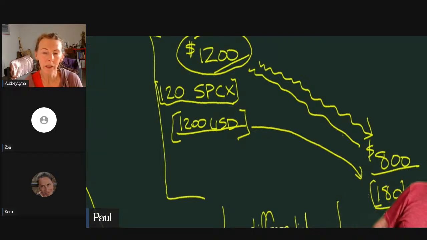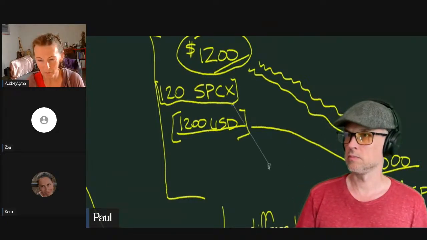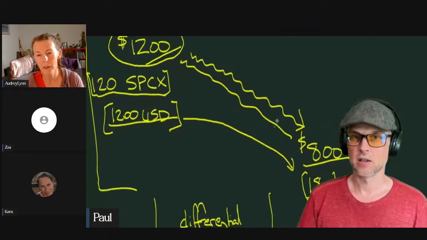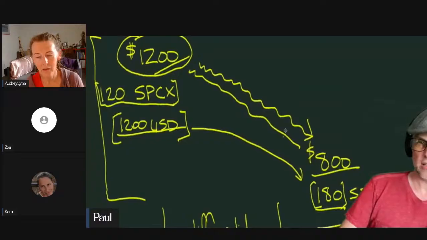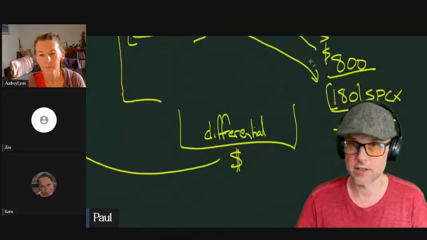Okay. I think I'm getting it. So as the price of the stock goes down, you take your US dollars and purchase more stock at a lower price. Correct. Yes, I'm getting it, and the difference, that's the differential.